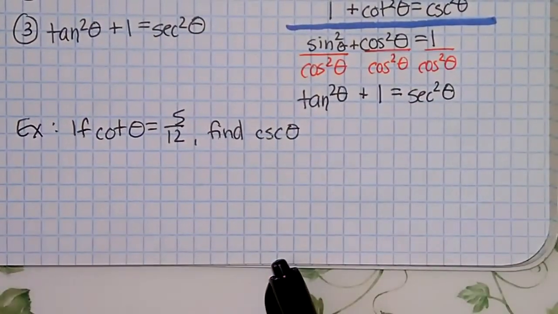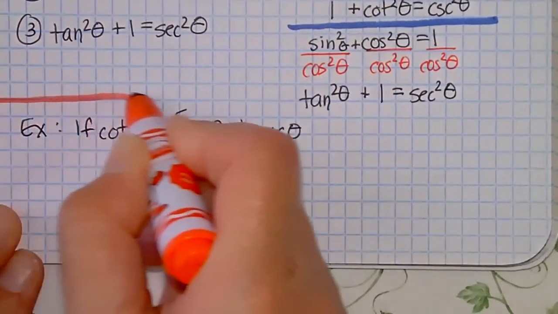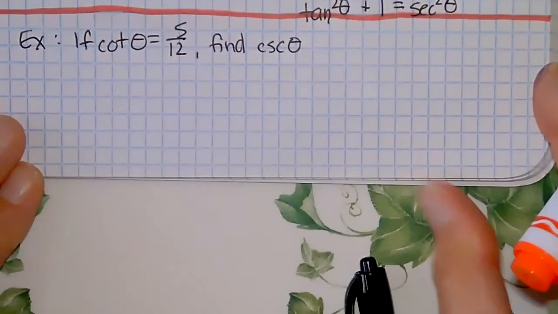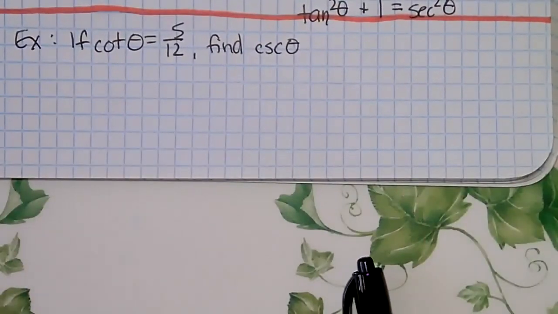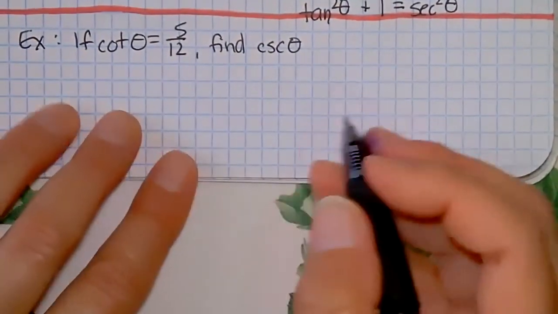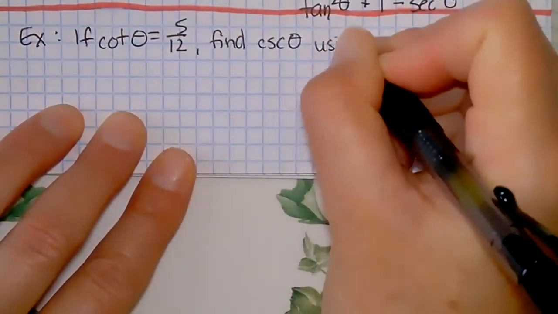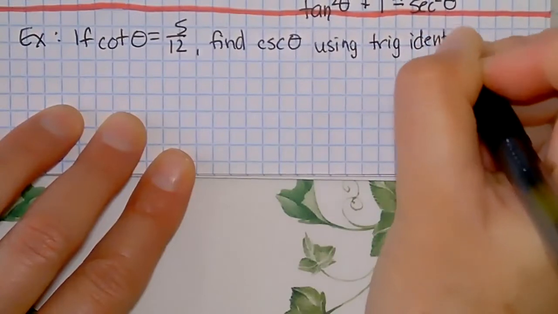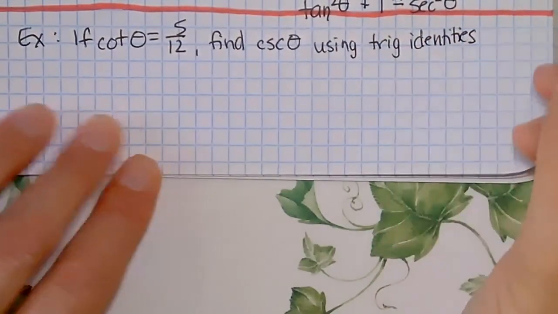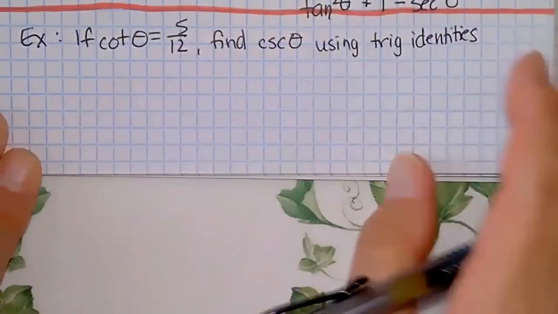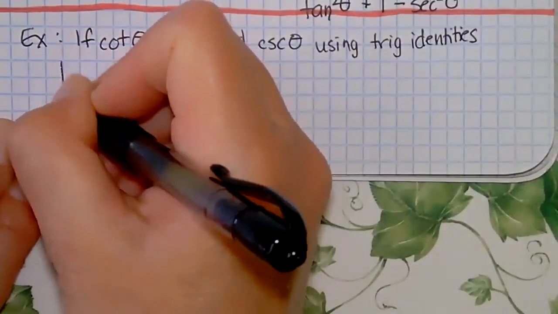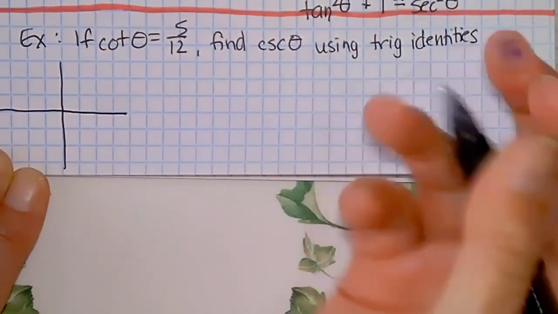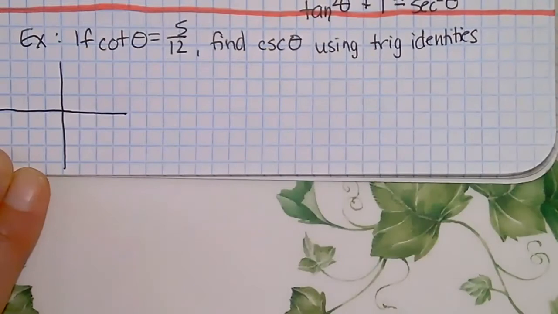I'm just going to draw a little separation here. So I'm going to do trig identities here in a second. I'm going to just run through how we have been doing it, because both of these methods work. But if they ask for trig identities, it's going to be what I'm going to do here.